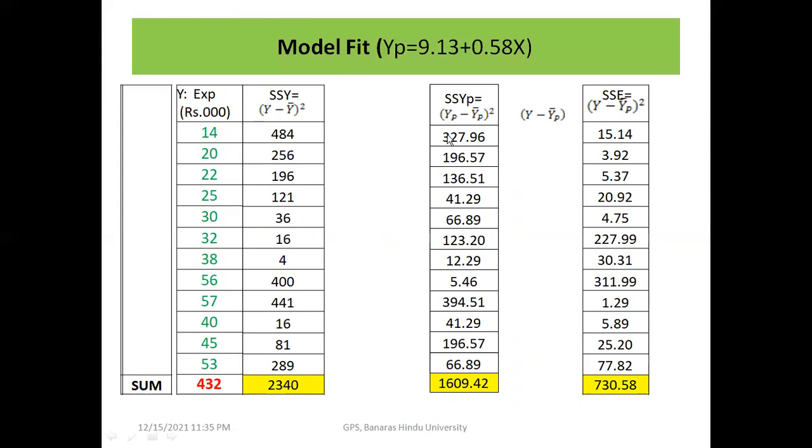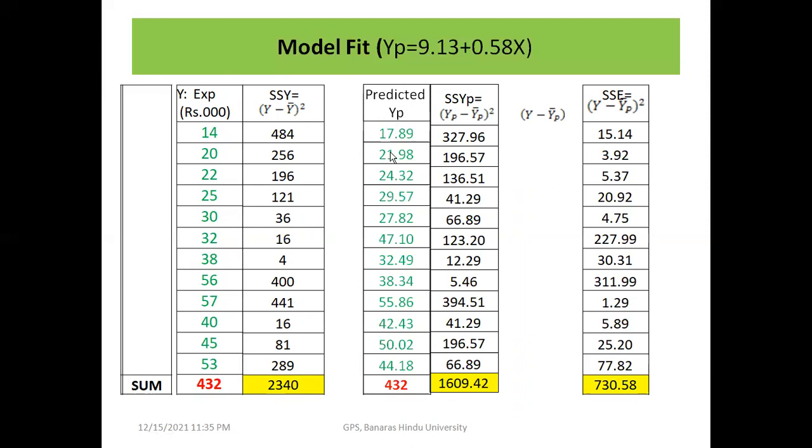And since this was YP, the predicted value, and it also has the same mean as this one, again we calculated the sum of square of predicted values and it came to be 160942.